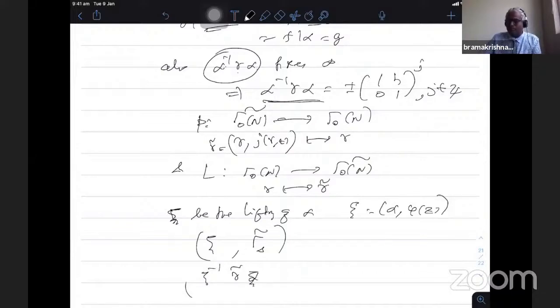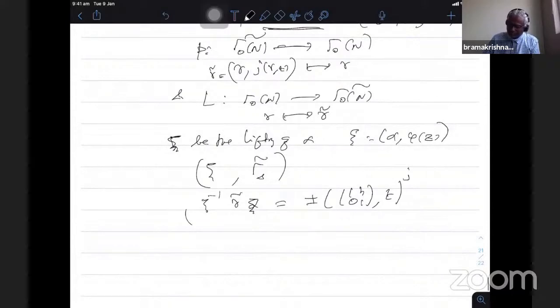When I lift this one to the bigger group, there will be a root of unity coming into the picture because the holomorphic function p square z is becoming plus minus 1. Therefore, this is of the form plus minus 1 h 0 1 to the power j and p to the power j, where p is determined by the lifting map.